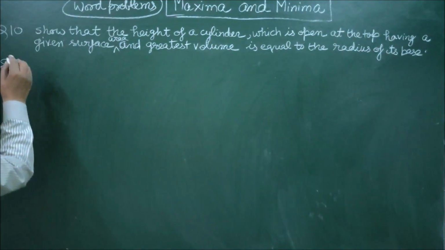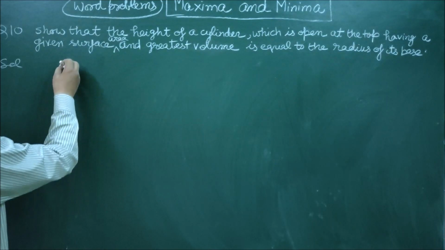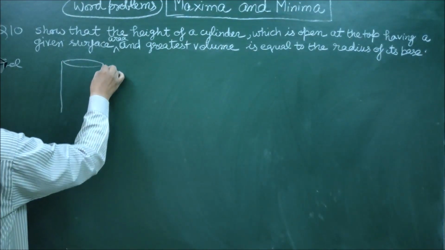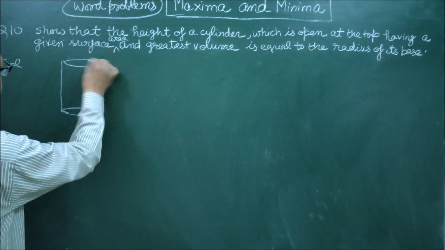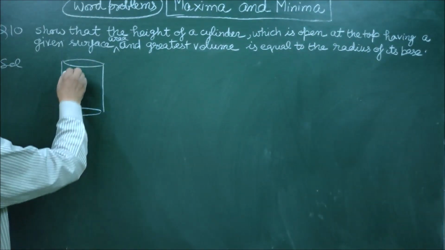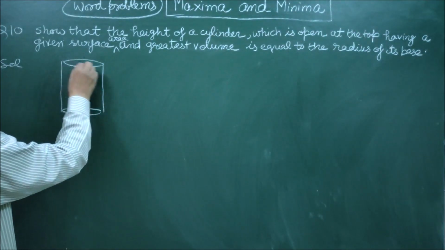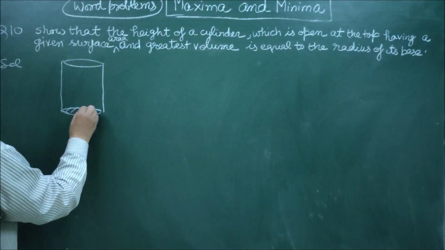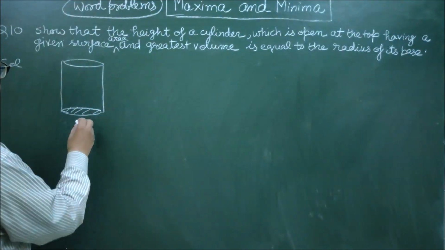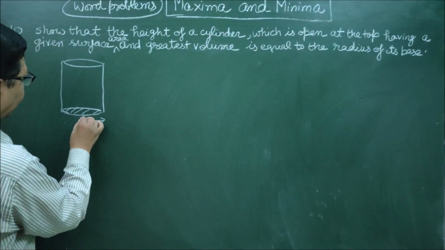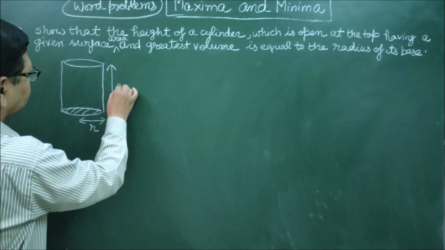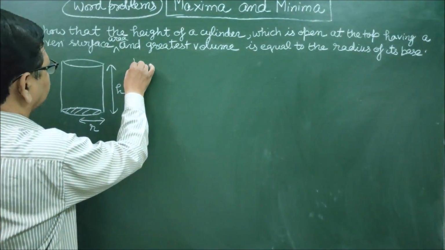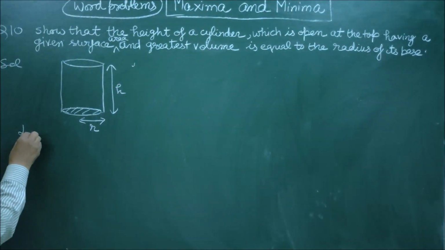Now if a cylinder is open at the top, it means this upper face is no more there. Let the radius of the cylinder be r, height be h.